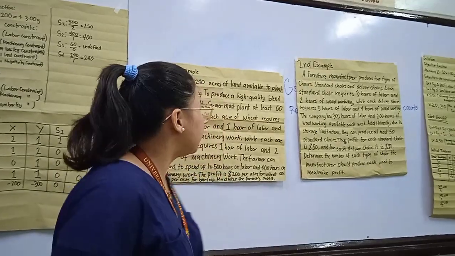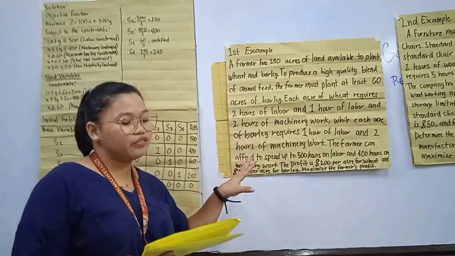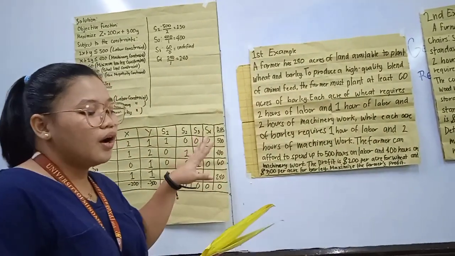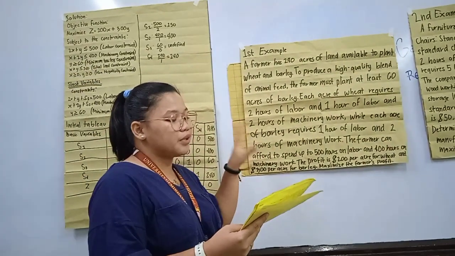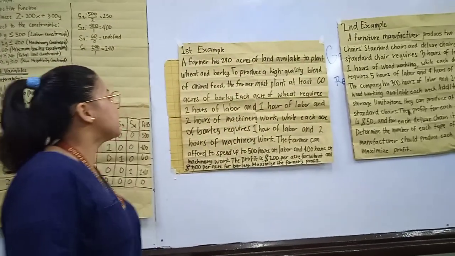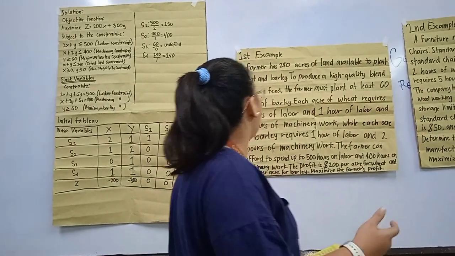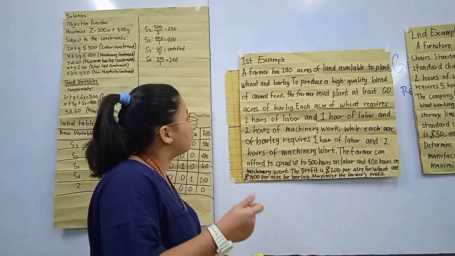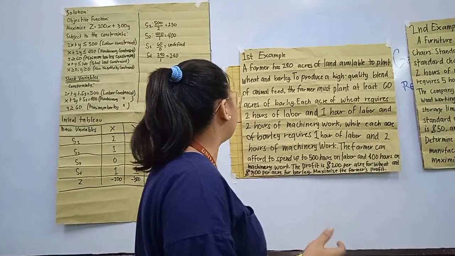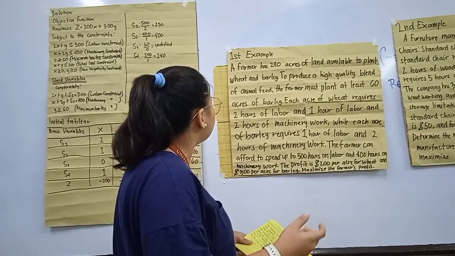So I have here my first example of a maximization problem containing the greater than symbol. A farmer has 240 acres of land available to plant wheat and barley to produce a high-quality blend of animal feed. The farmer must plant at least 60 acres of barley.